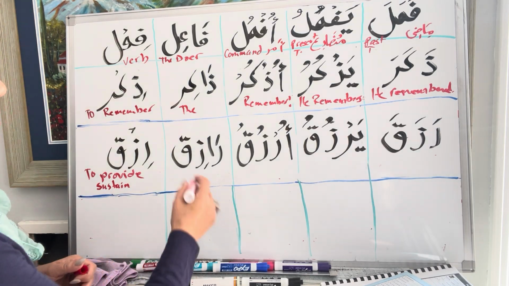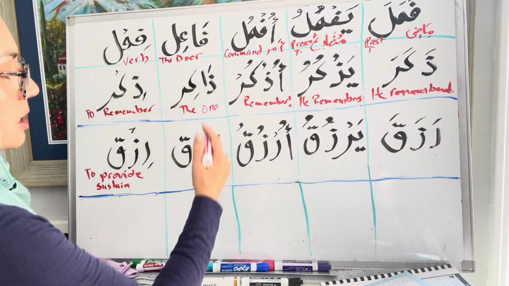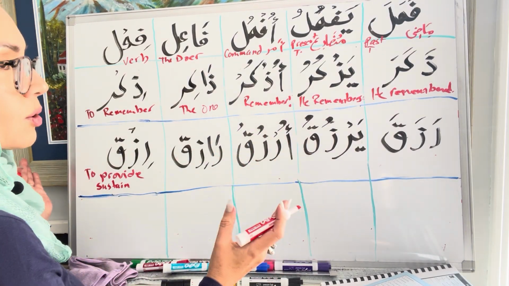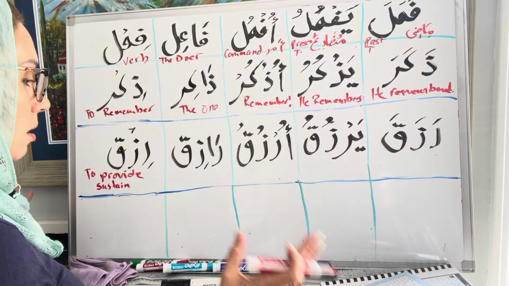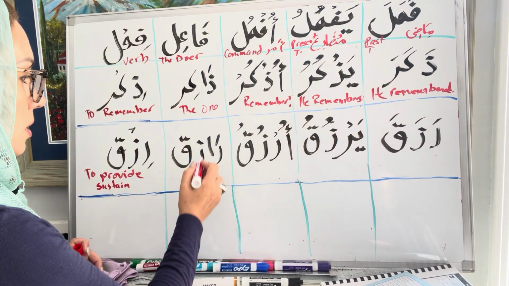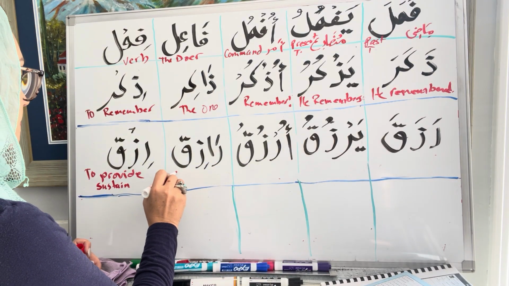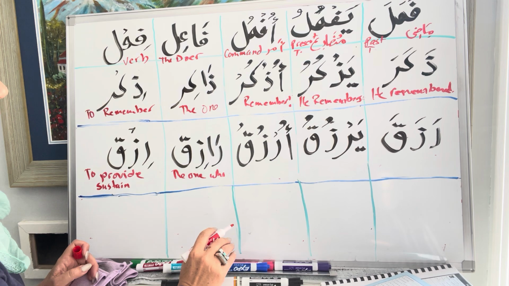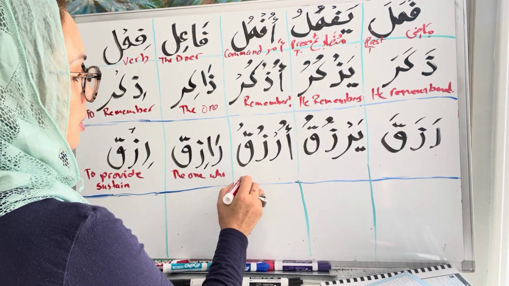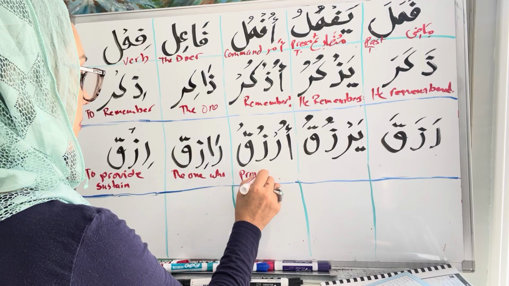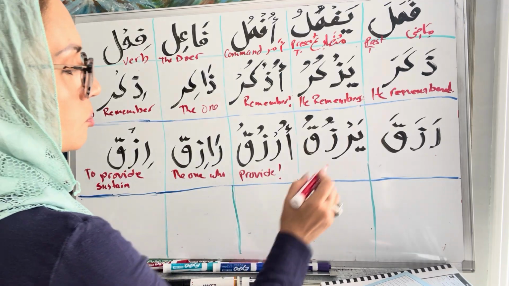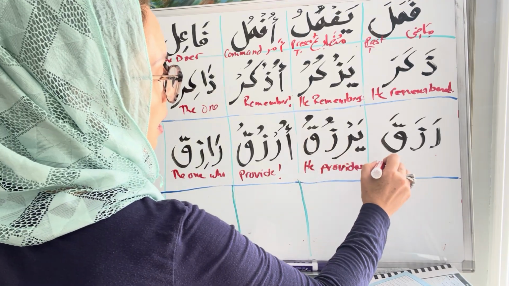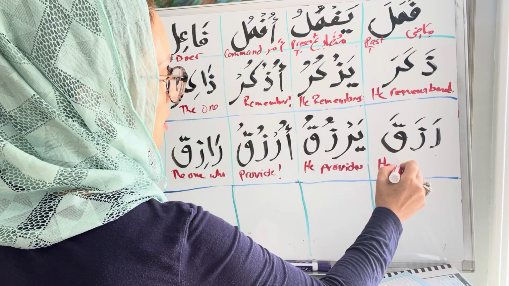So a raziq is the one who was doing the action, but also ar-raziq would be the name of Allah subhanahu wa ta'ala, because he is the one who is providing for everything, heavens and earth. So raziq, the one who provides. Urzuq, this is command, so means to provide. And then yarzuqu, he provides, and then past tense, he provided.